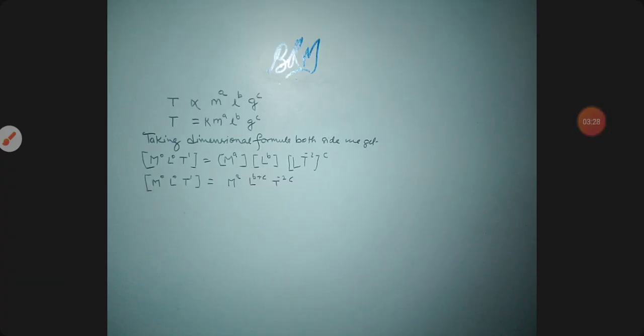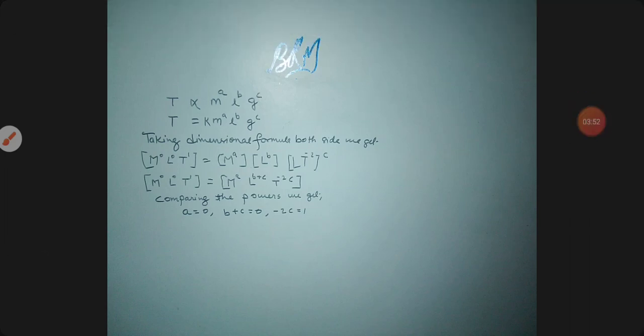See, m is alone in the RHS, and therefore it will be m power a. L is in two square brackets, the middle one and the third one, so it will be l power b plus c, the powers will be added, and t power minus 2c.